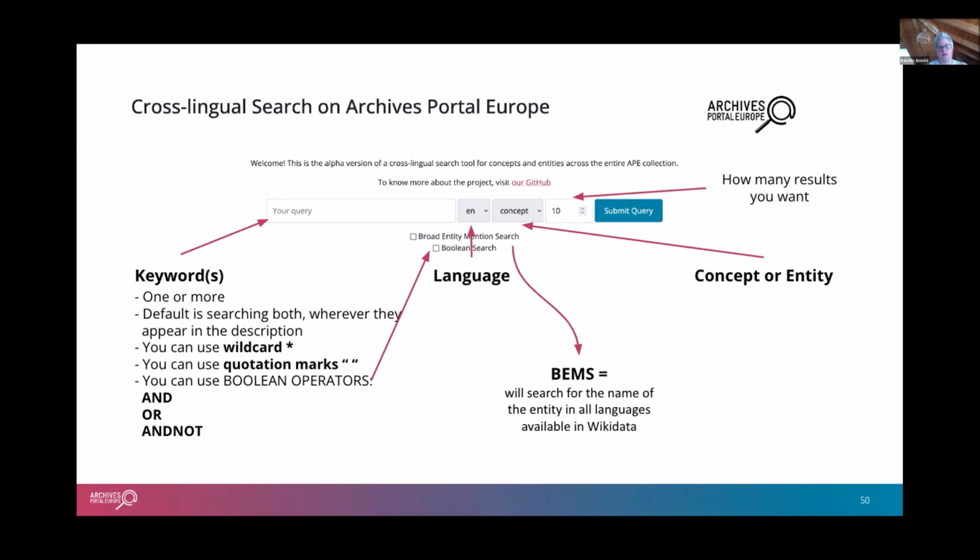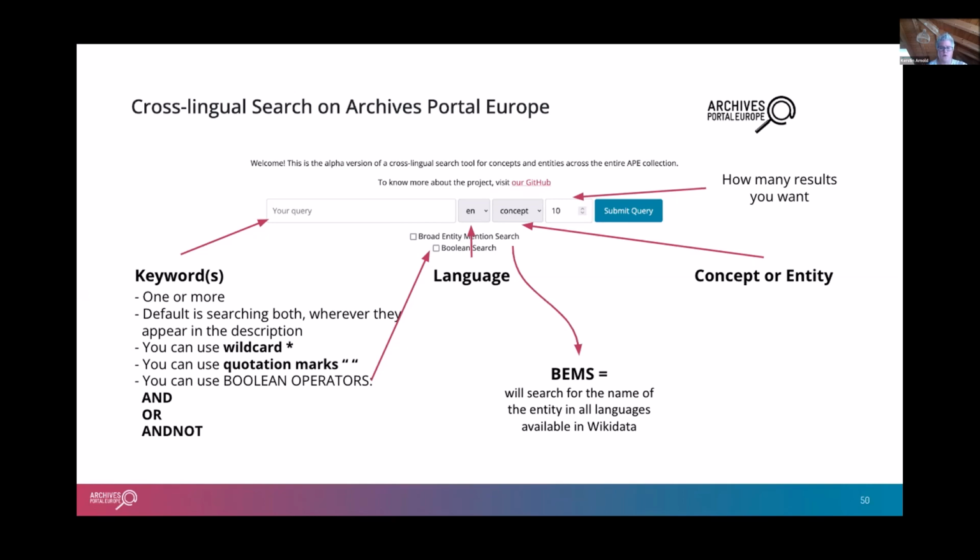You can distinguish whether you're searching for a concept, so something more general using the semantic relations, or specifically for an entity. And you can specify how many results you want to be displayed. The standard is 10, although specifically in concept searches, I'd recommend using a higher number, because that will also give you more possibilities to see and evaluate.